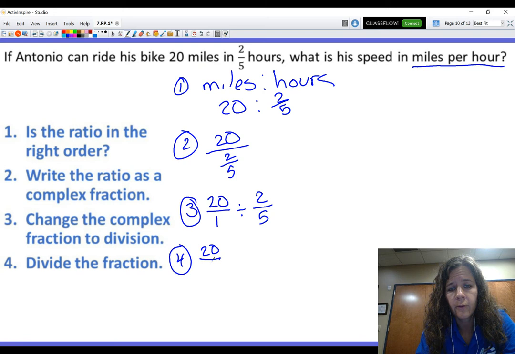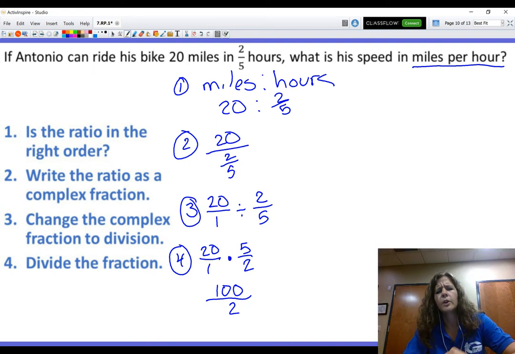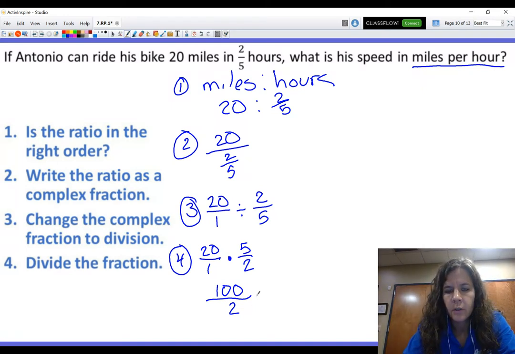Multiply the first fraction times the reciprocal of the second. 20 times 5 is 100. 1 times 2 is 2. Now we want to reduce that because we want to find miles per hour. We don't want to say he drove 100 halves miles per hour. Nobody talks like that. So we want to reduce this. We can divide both of these by 2. 100 divided by 2 is 50. 2 divided by 2 is 1.